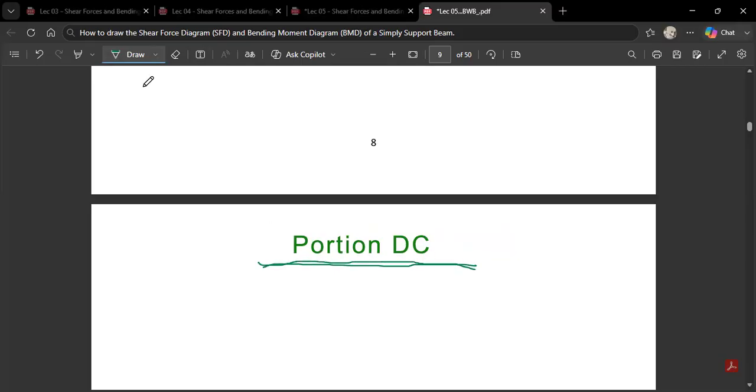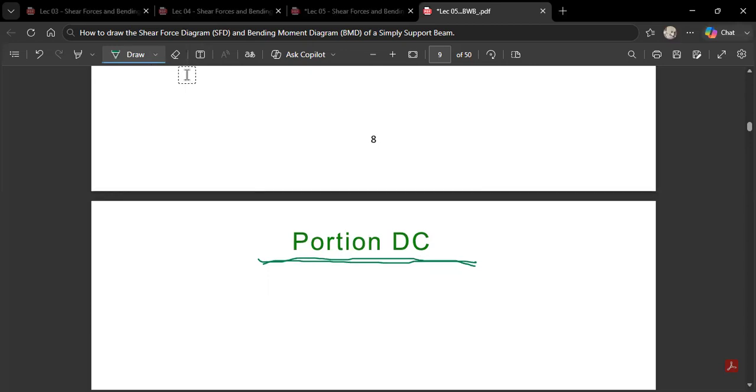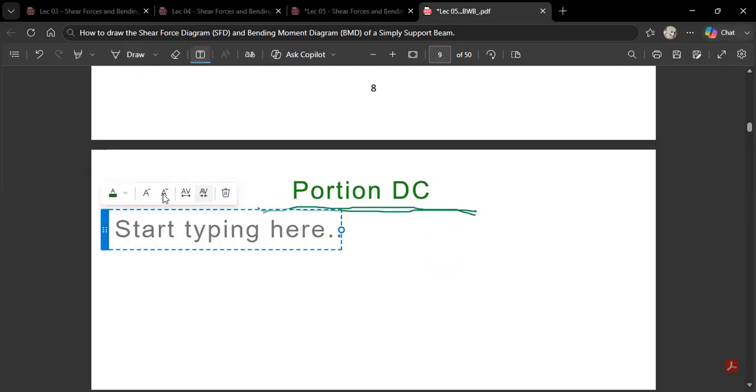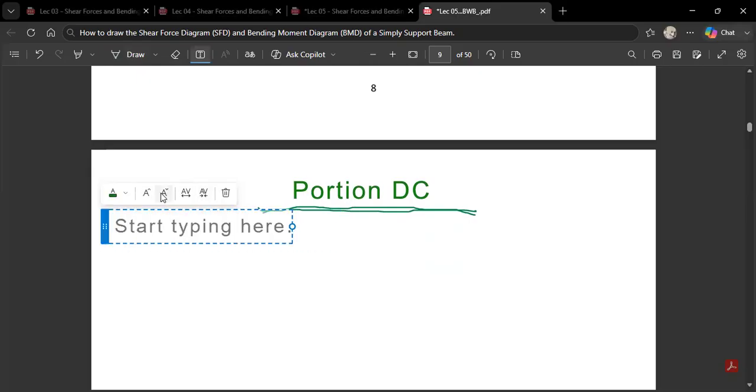Then over here, since we are done, what are we going to say? So we are considering the right hand side.